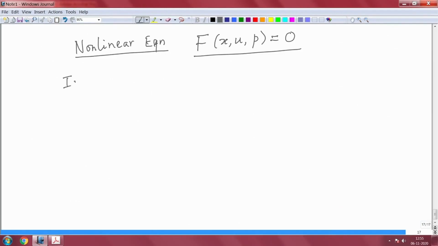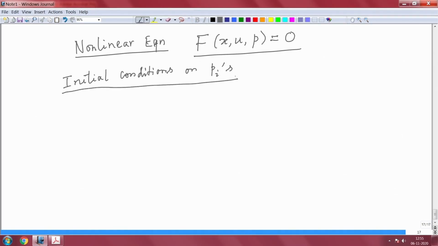So, I want to make a comment on these initial conditions on the p i's.